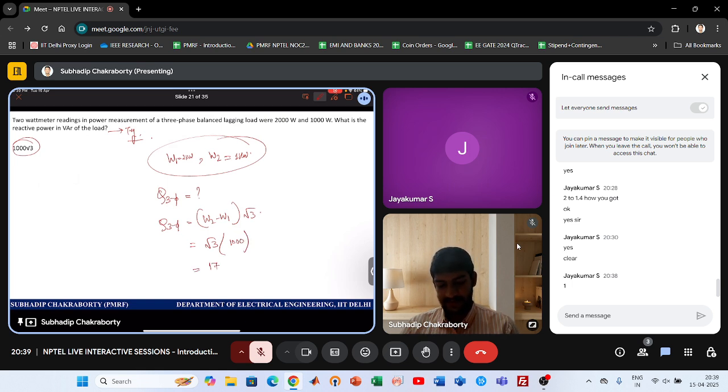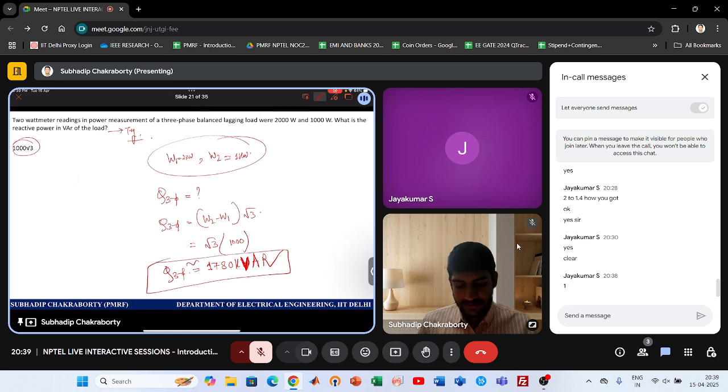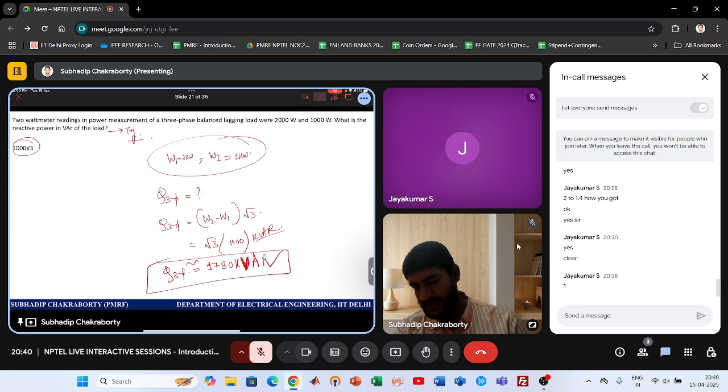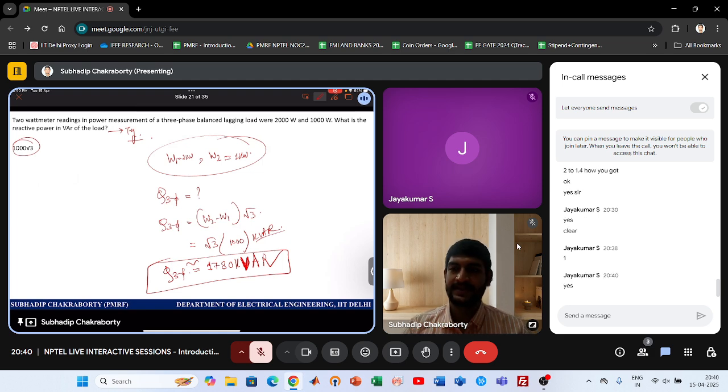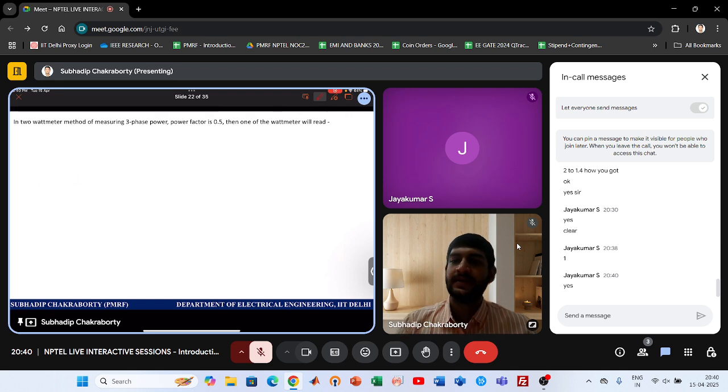That will be 1780 around. But the unit will be like this, right? Or 1000 root 3 kVAR, right? Understood, right? These are basic, right? So I'm not explaining more. I think you can understand from the slide.